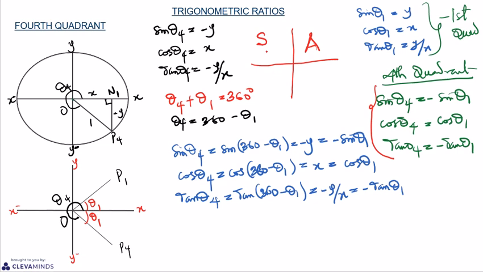Then in the third quadrant, only tan is positive. The rest are negative, sine and cosine are negative. Then in the fourth quadrant, only cosine is positive. The remaining two ratios are negative. So that's how to establish ASTC in that rotation. Do you understand? Good.